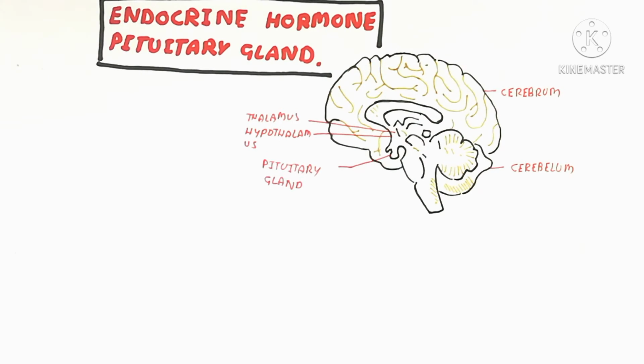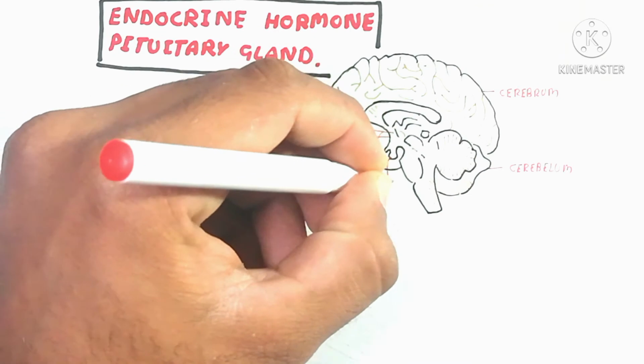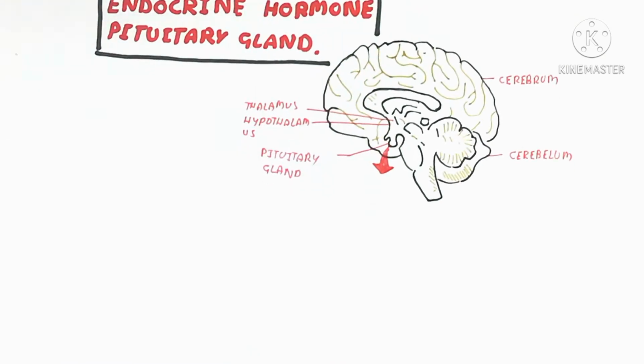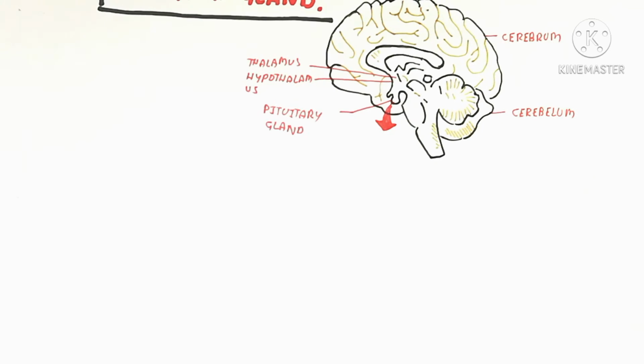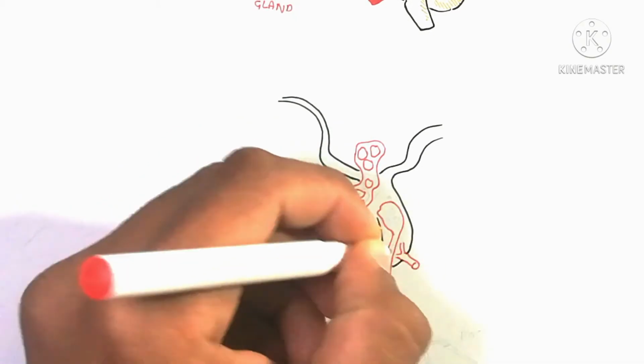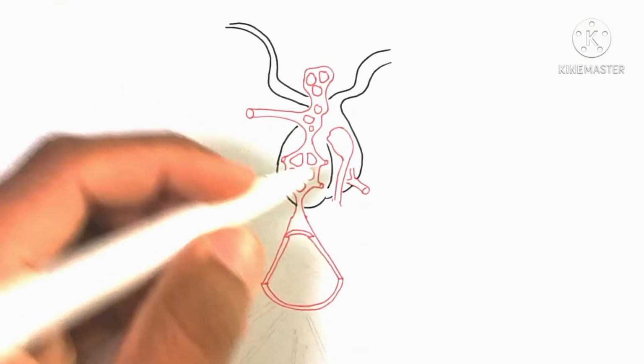So here is the thalamus, and the lower side is the hypothalamus of the brain. Here are the cerebrum and cerebellum. The pituitary gland is situated here, and it contains three lobes. The middle lobe is known as the median lobe, which is not completely present.